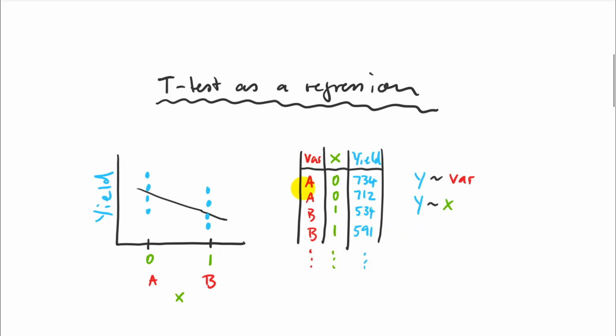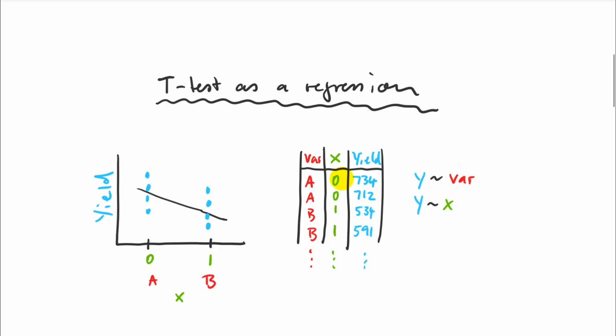So the way you would do this, you could just convert your A and B to a 0 or 1, and you can run a simple regression, and it would give you exactly the same answer, the same p-value, as if you were to do an analysis of variance, just like we discussed it as a variance between versus variance within ratio with an f value and an f distribution.